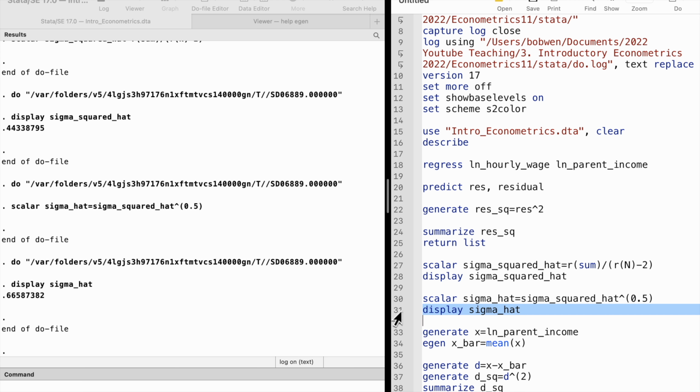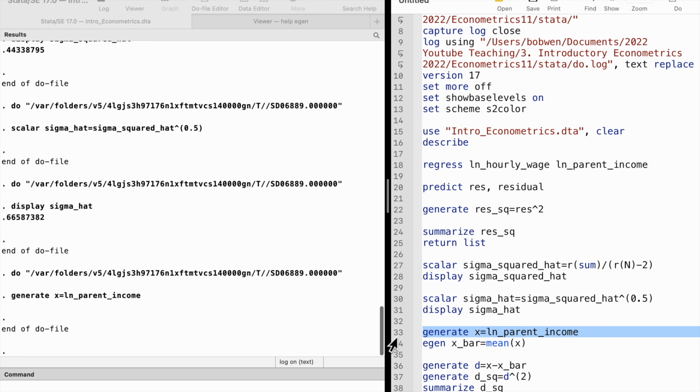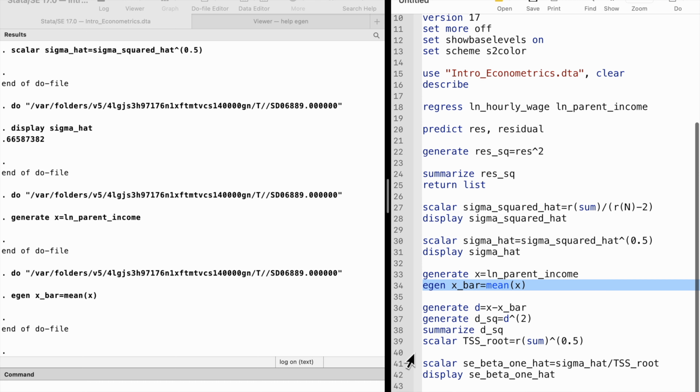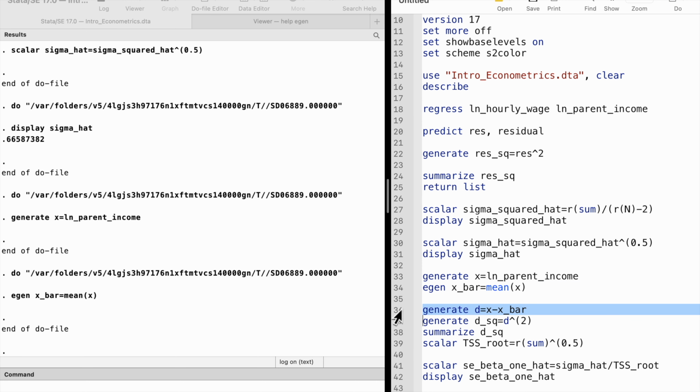The next step is to compute the square root of the total sum of squares of x. Here x is the log of parents' income. Based on the formula, we need the sample mean of x. We can type egen x_bar equals mean, followed by x inside the parentheses. Then we compute the square root of the total sum of squares of x.